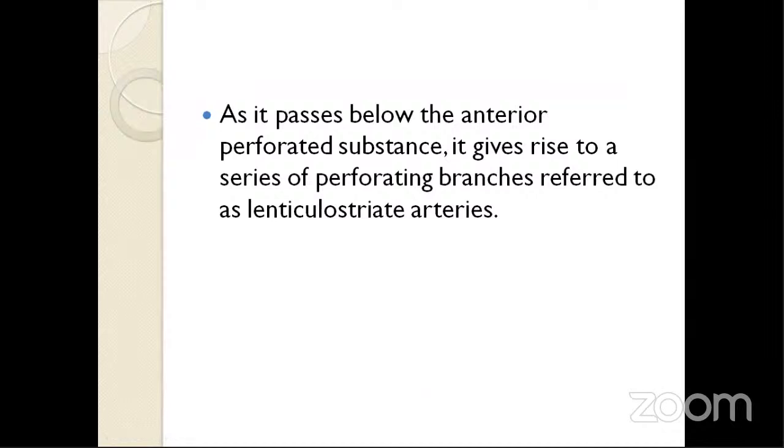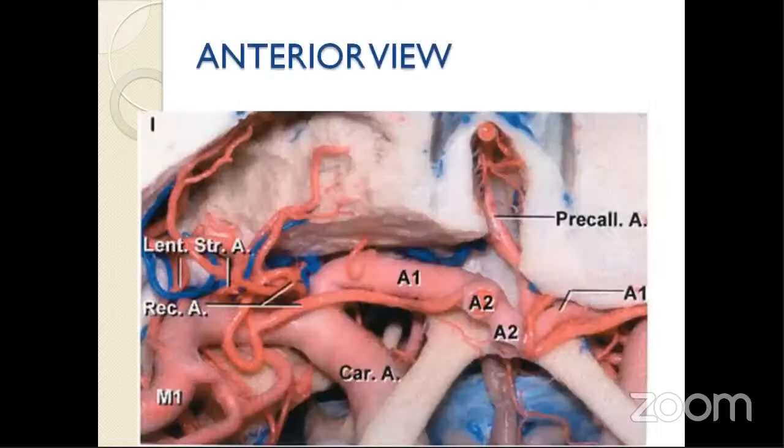About the course, as it passes below the anterior perforated substance, it gives rise to a series of perforating branches that are referred to as lenticulostriate arteries. In this image, we can see the lenticulostriate arteries arising from the M1 segment of the middle cerebral artery.